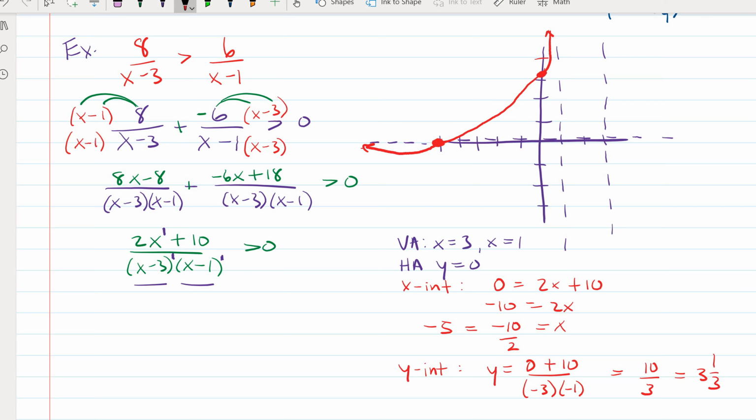Now, we don't have any more x-intercepts, so we can use our multiplicity to figure out what is happening next. At our asymptote at the factor x minus 1, so our asymptote at x equals 1, since we have a power of 1, we're going to switch signs.